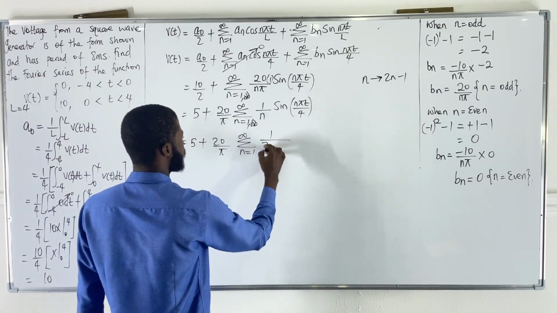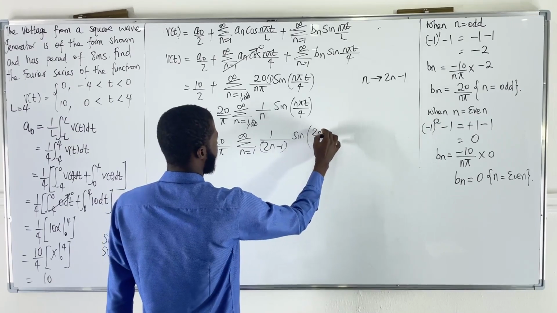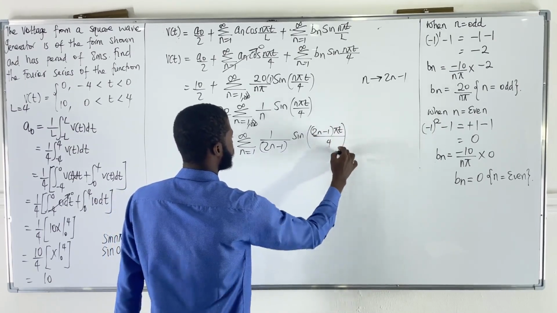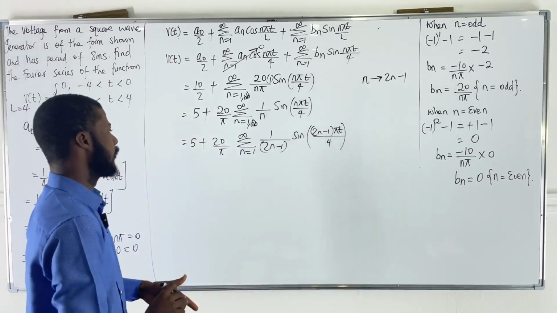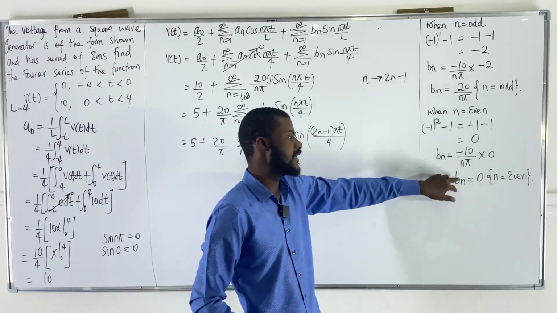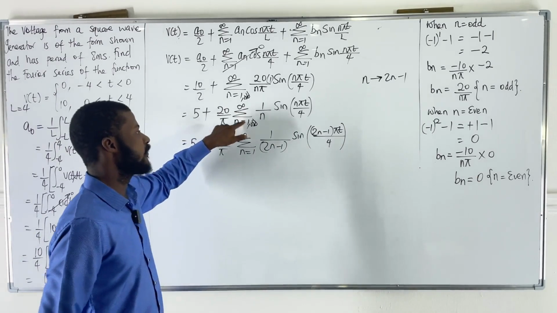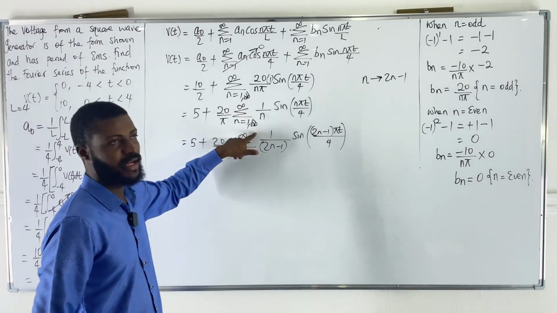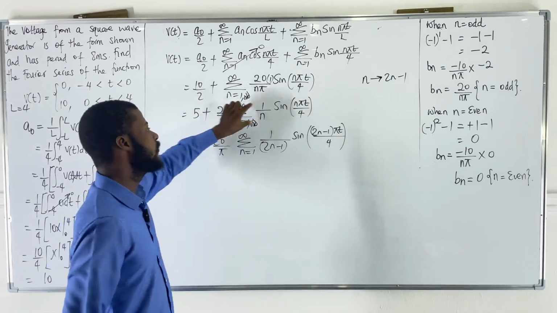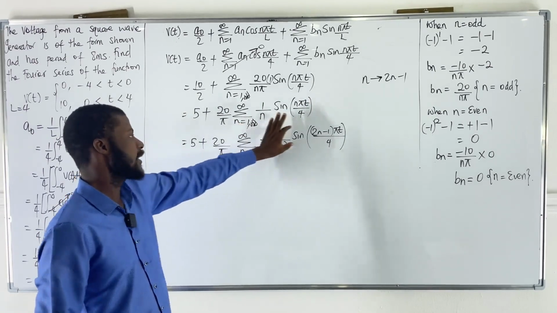So this is 1 over 2n minus 1 sine 2n minus 1 pi t over 4. So this time around, every single thing here will just be odd because this part is even. When it's even, it's 0. So if I leave it as before, I might forget that I am only picking the odd values. But if you are someone who does not forget, please use this earlier form. But if your question says in terms of n, leave your answer like this.